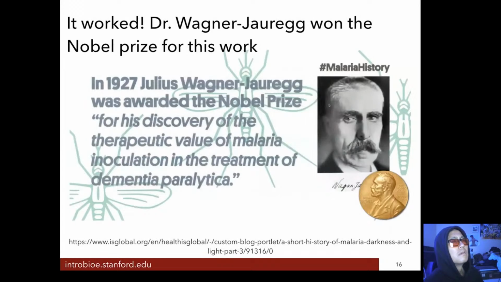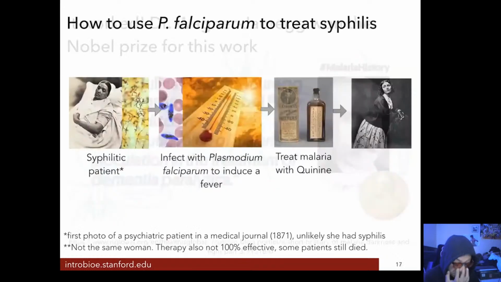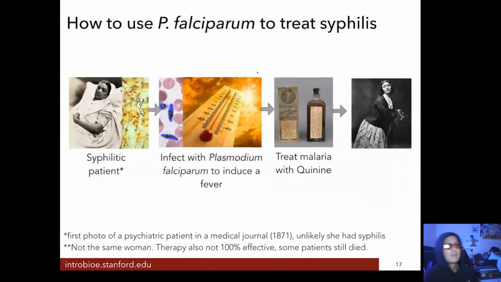For discovering the therapeutic value of malaria in the treatment of what, in this case, they're calling dementia paralytica, but is actually syphilis. So just to be really explicit about it, the treatment that Dr. Wagner-Jauregg started using to treat syphilitic patients looked like this.